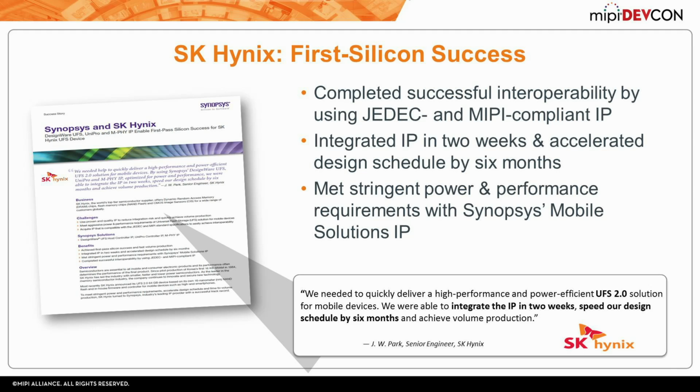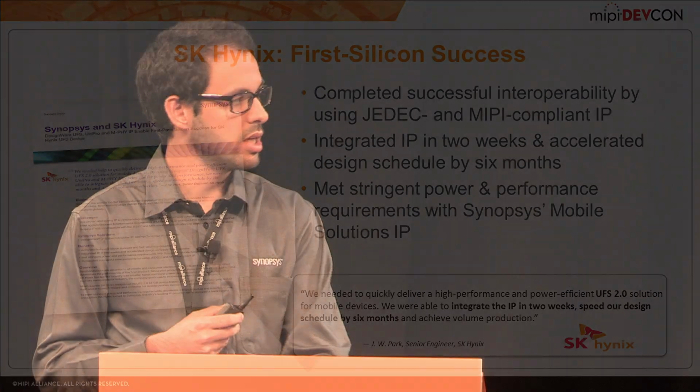And all of these requirements were met by using the Synopsys solution. According to Mr. Park from SK Hynix, a senior engineer there, they were able to speed up their schedule by 6 months due to use of the Synopsys solution. So in the end, use of a proven solution enabled SK Hynix to achieve interoperability success in a short time.